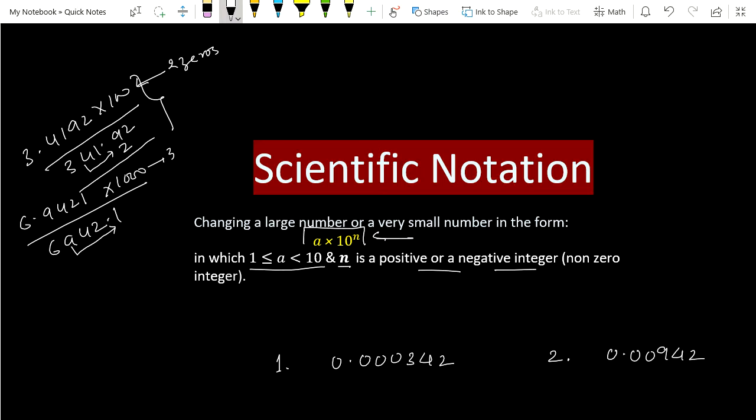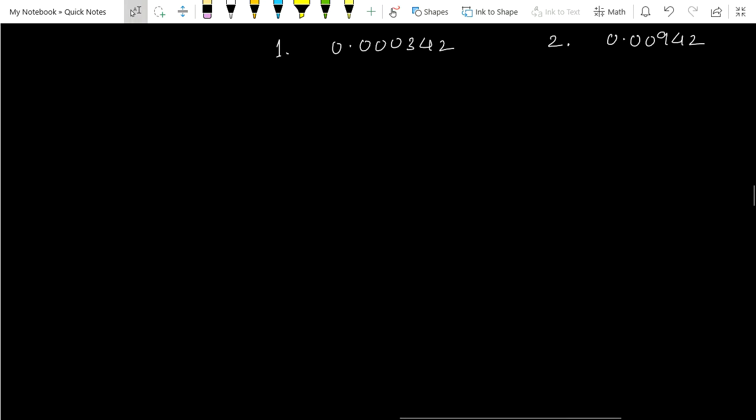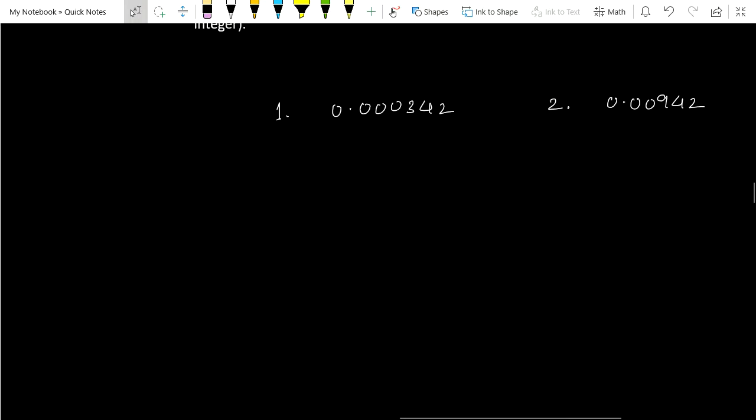Now, how to use this concept in changing small numbers into scientific notation? Let's see. First of all, we will see the example 0.000342. What is the task we have to see here? We are interested to shift the decimal after 3.